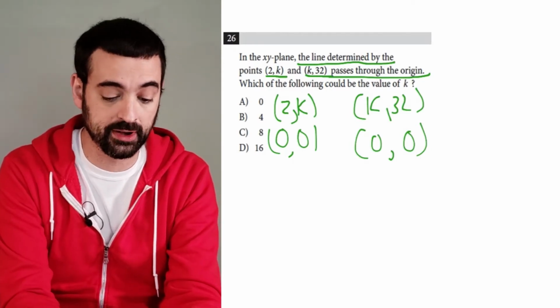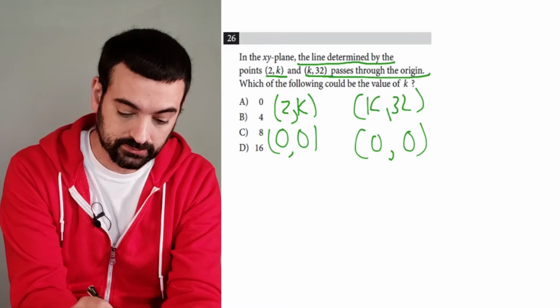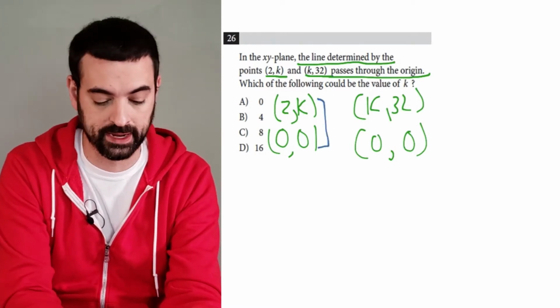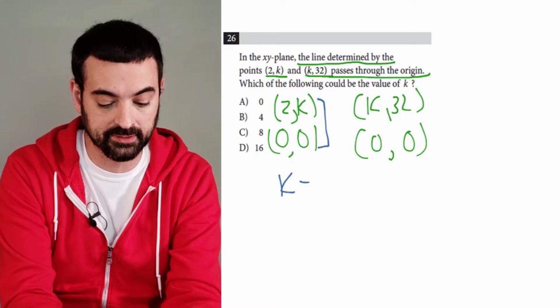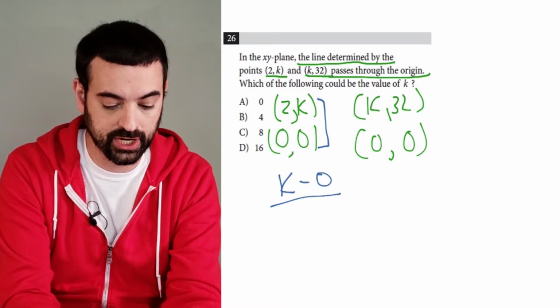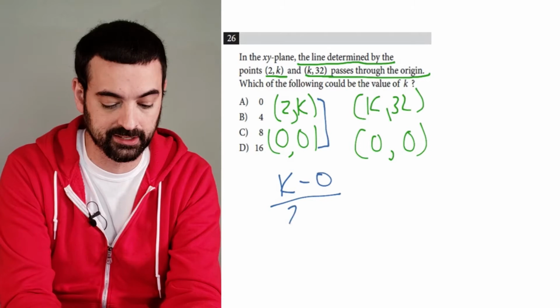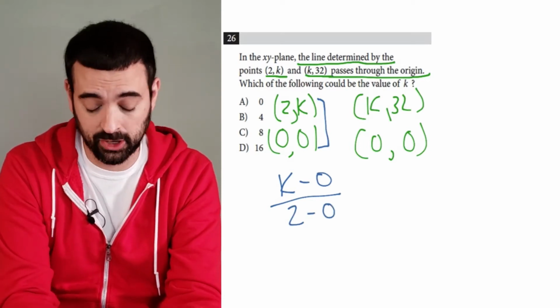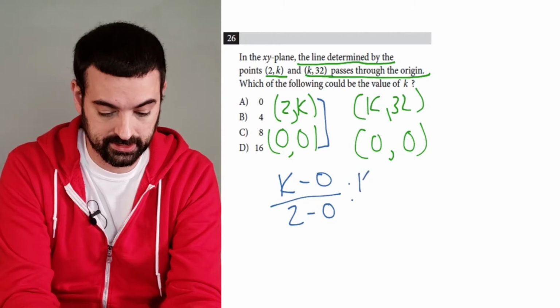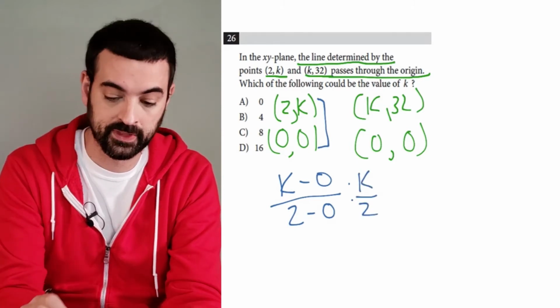So I'm first going to find the slope of these two ordered pairs. Change in y is k minus 0. Change in x is 2 minus 0. And my slope would be k over 2.